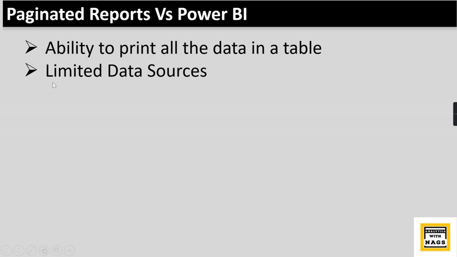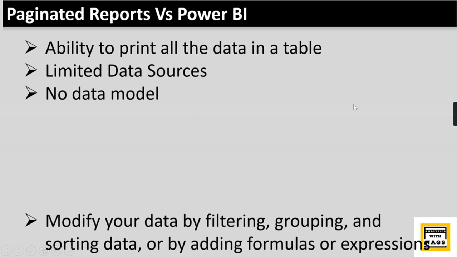In the previous video I showed only 10 to 12 data sources, that is structured sources, right? Structured databases, DBMS only, it can connect, and also SQL Server Analysis Services or Azure Analysis Services. And there is no concept called data model in paginated reports. That is what we are going to see in this video.